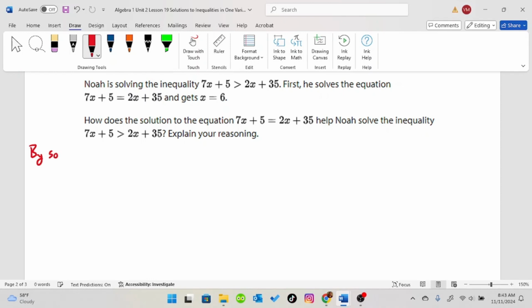By solving the equation, Noah finds the boundary. Now Noah can pick a number on either side of the boundary and see if it makes the inequality true.